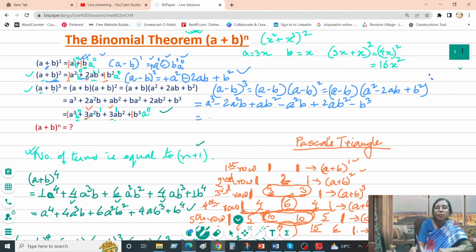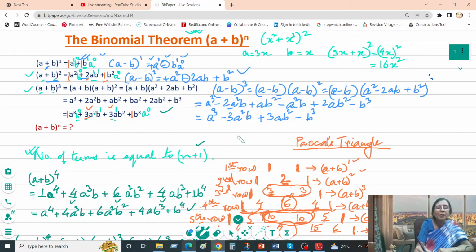So this is equal to a to the power of 3, minus 2a square b and minus a square b is minus 3a square b, plus ab square and plus 2ab square is plus 3ab square, and minus b cube.